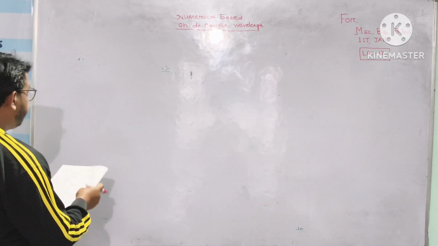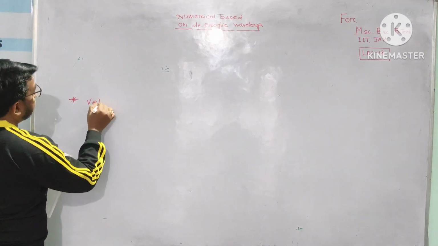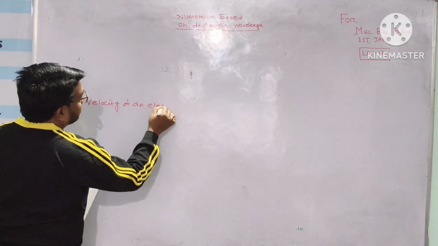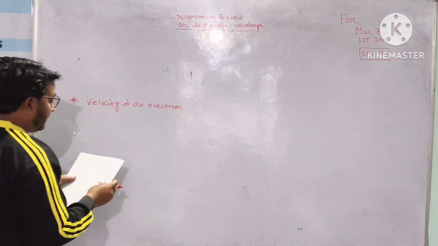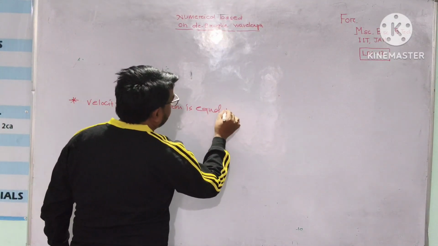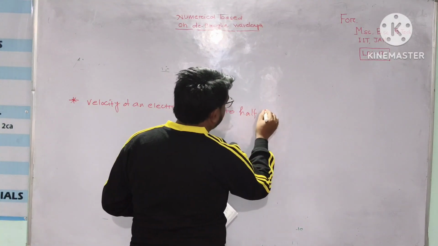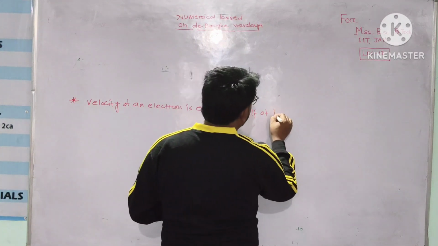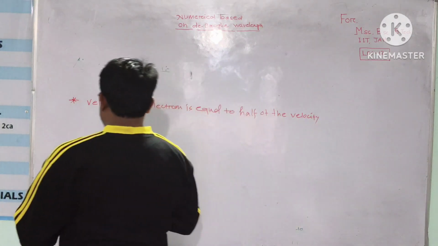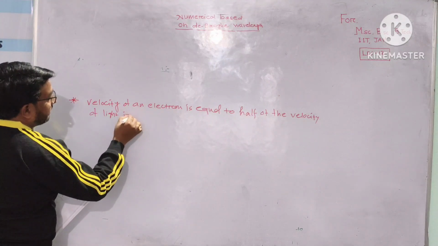Velocity of an electron. Our third problem is: the velocity of an electron is equal to half of the velocity of light in vacuum.